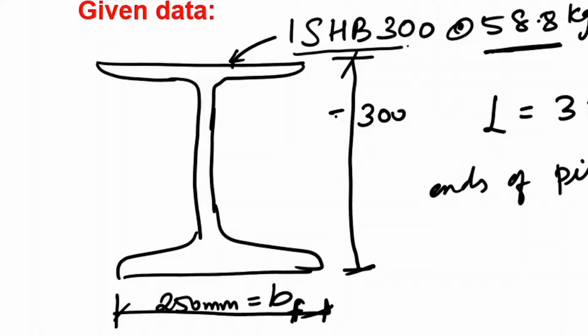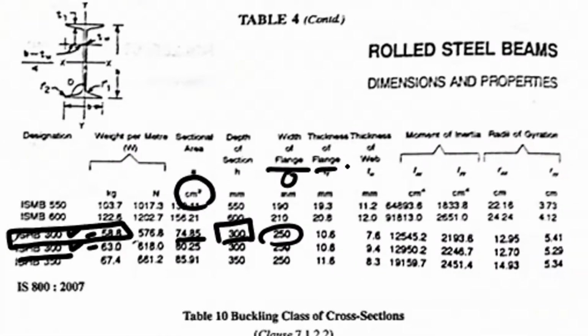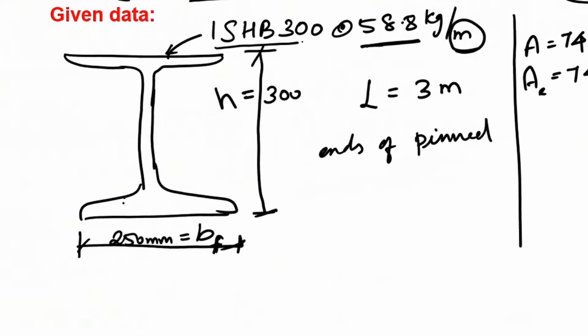The depth of the section is denoted by D. Now thickness of the flange TF is 10.6 and the thickness of web is 7.8. So this is the flange. Thickness of flange is 10.6 mm and thickness of web TW is 7.8 mm. Okay, these are the properties.